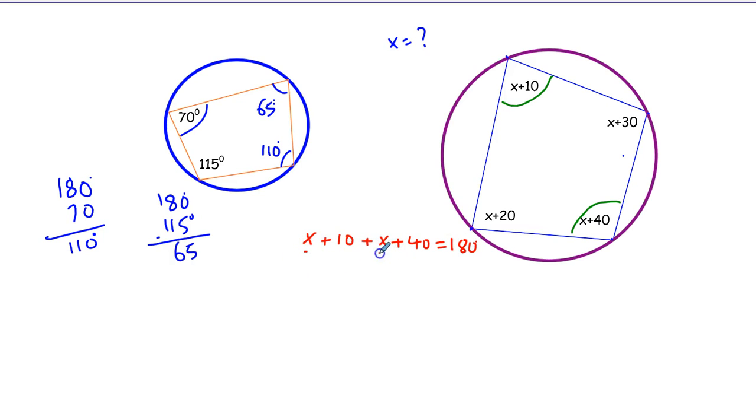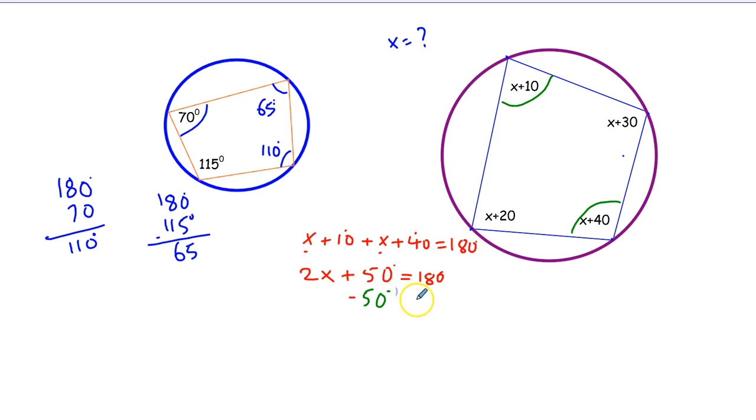Now these two are x's, I can add. We are just solving for the value of x. 1x plus 1x is 2x, and 10 plus 40 gives you 50. That 50 degrees, that is 180 degrees here. Now solve for x by using the same old regular process.